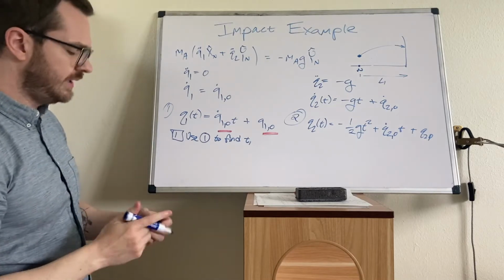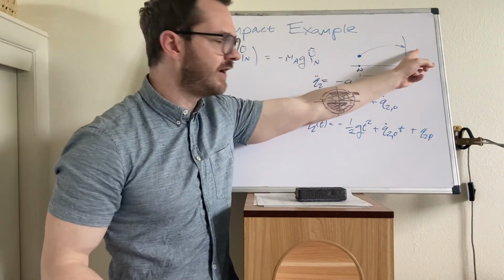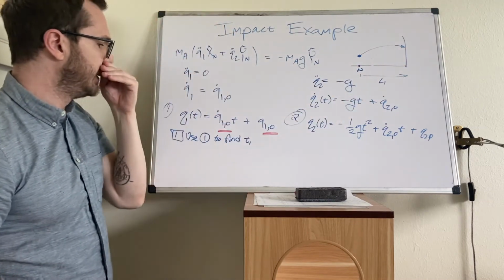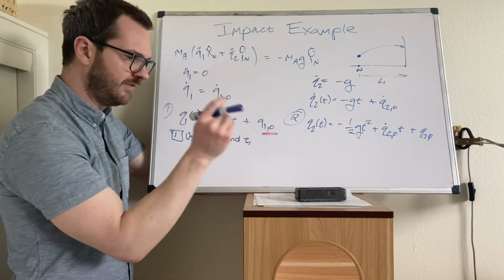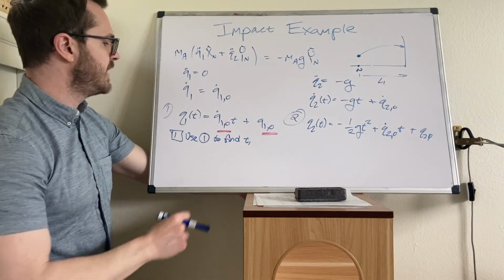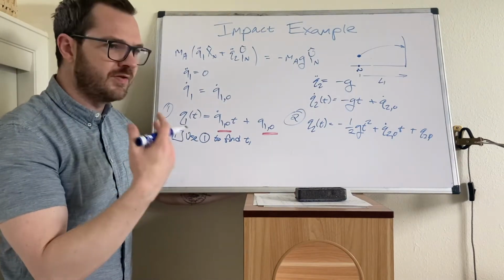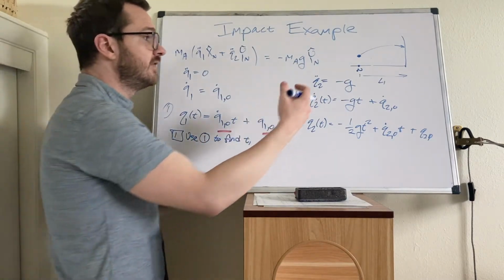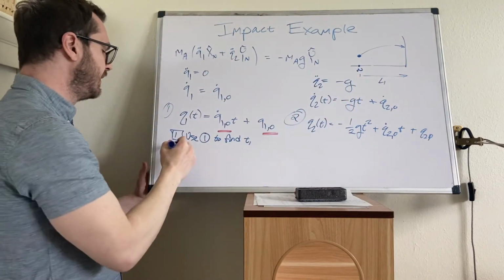T1 is the time when the ball comes into contact with the wall. From the theory video, we said that time 2 was maximum compression, so that's a very small instant later. And then we want to know what are the states at time 3. Time 3 is after restitution when the ball is now coming off of the wall, when it's separated.